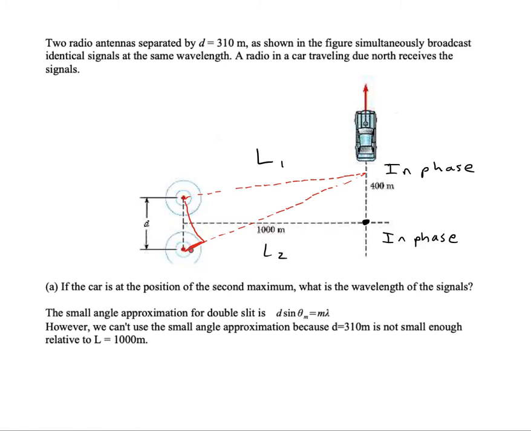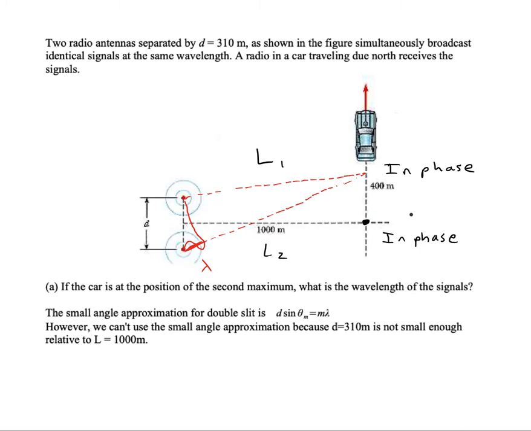It'll be longer by a certain distance. And that distance needs to be a full wavelength. If it is, then when one cycle is completed, when these waves proceed forward to that point, they'll be in phase. That's what we're looking for.